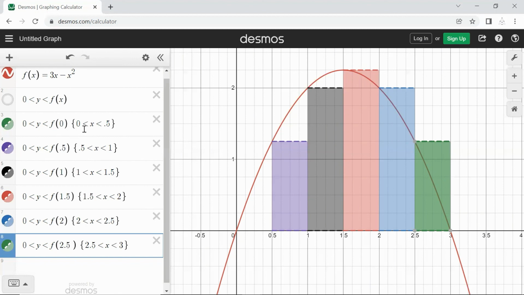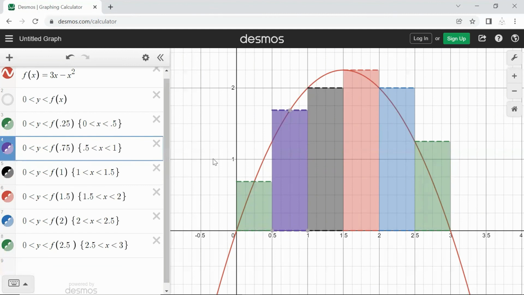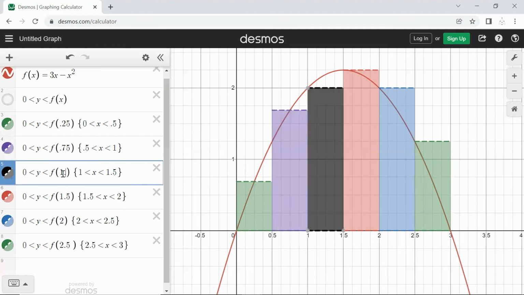And then obviously I can use midpoint values as well. Between 0 and 0.5 is 0.25. If I were to use the midpoint value, my rectangle would look like this. My purple rectangle goes from 0.5 to 1. The midpoint of that is 0.75. My black rectangle goes from 1 to 1.5. 1.25 would be the midpoint there.